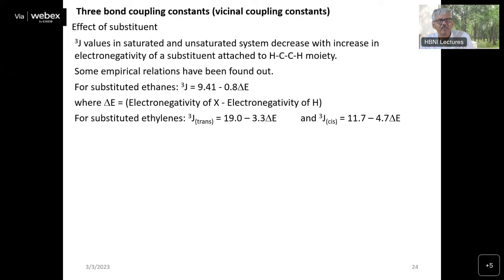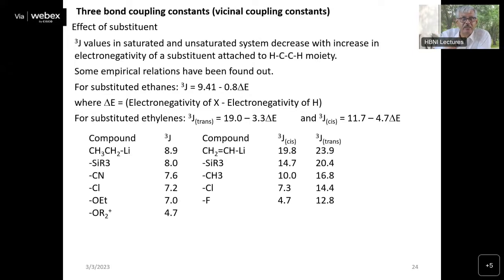So 3J values in saturated and unsaturated systems decrease with increase in electronegativity of a substituent. Let us say you have a compound CH2CH3 with lithium.